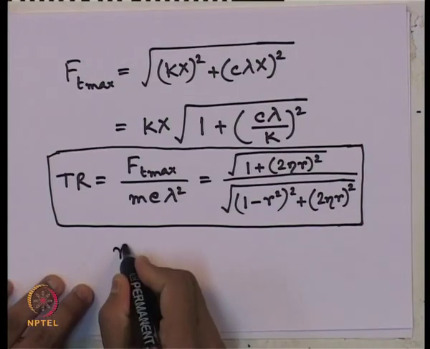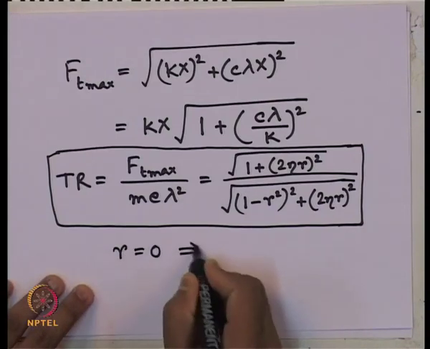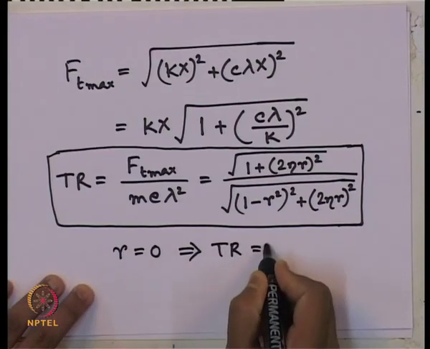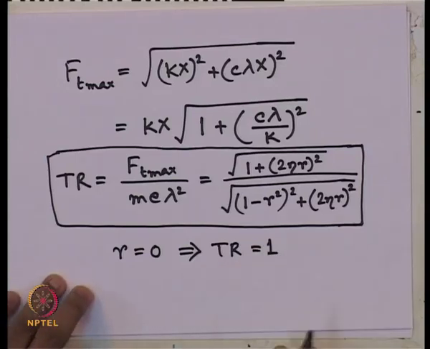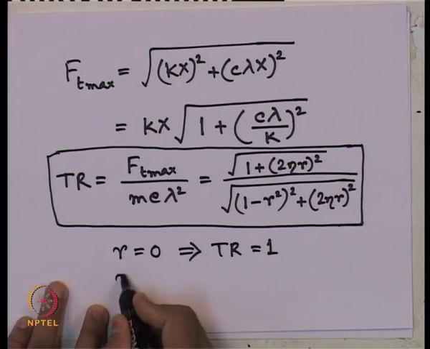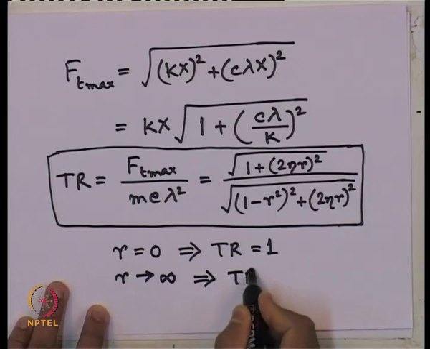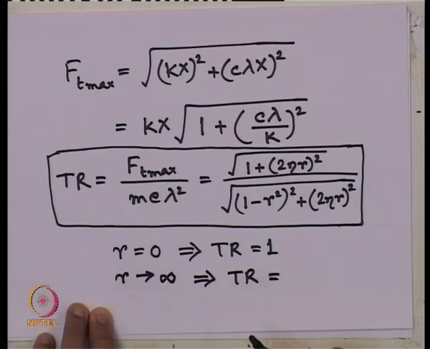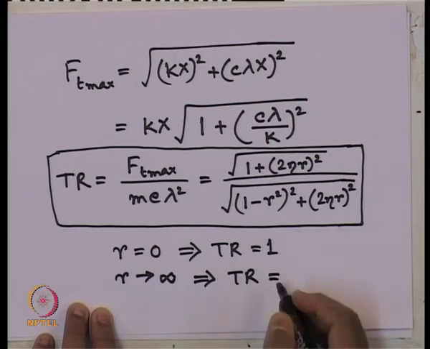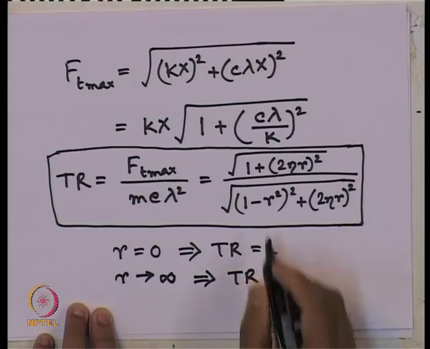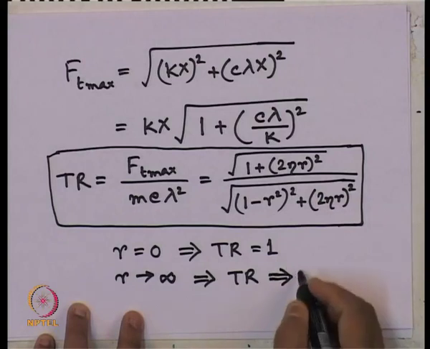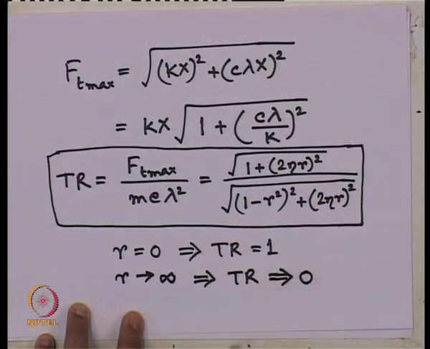So, we can see R equals 0 gives us TR equals 1, whatever be the value of damping ratio. And when R tends to infinity, what happens to the value of transmissibility ratio? It tends to 0.